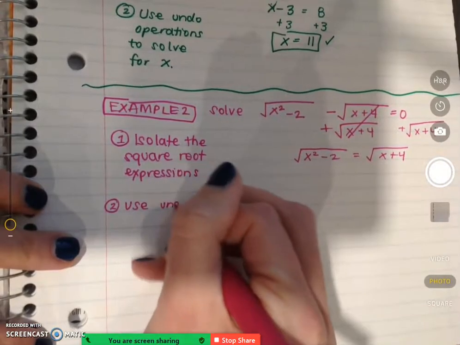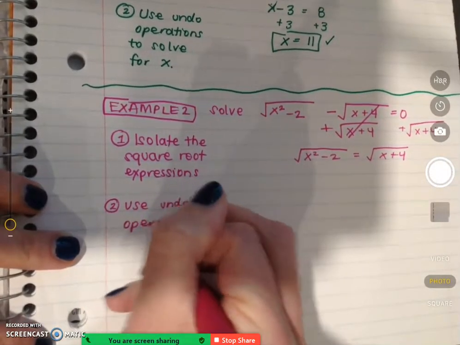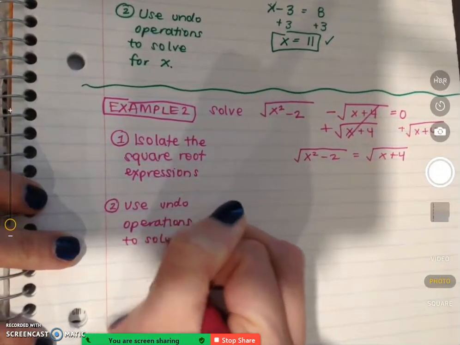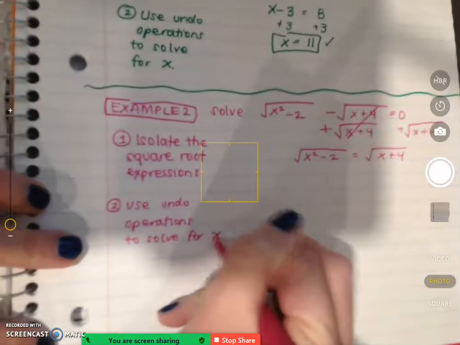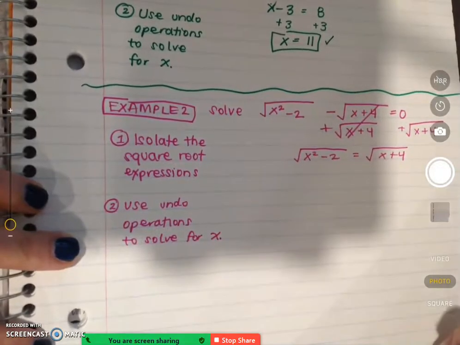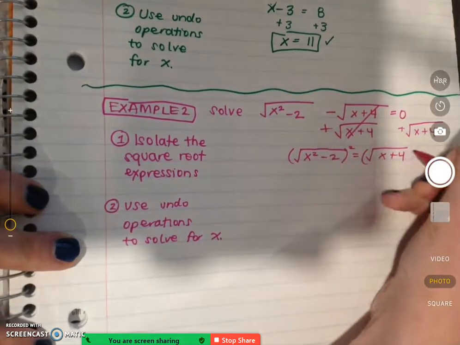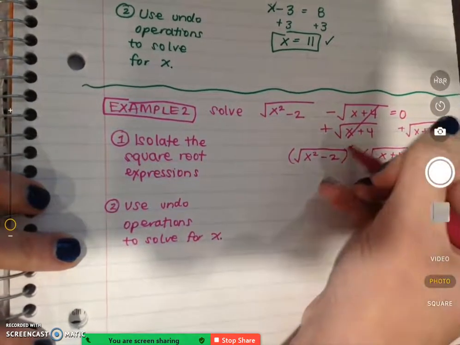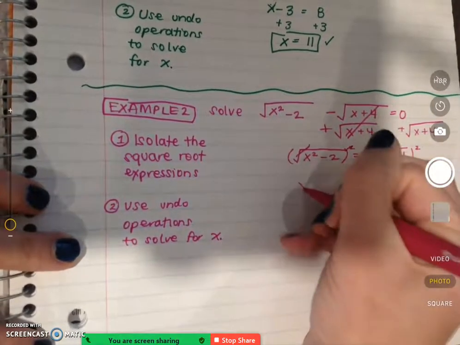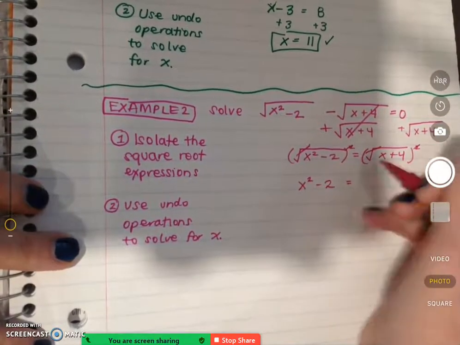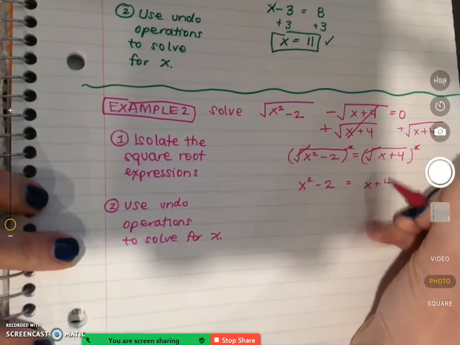Use undo operations to solve for x. So the undo of the square root would be to square both sides. I'm left with x squared minus 2 on the left. Square both sides. I'm left with x plus 4 on the right.